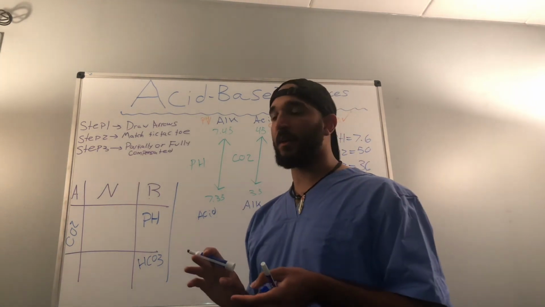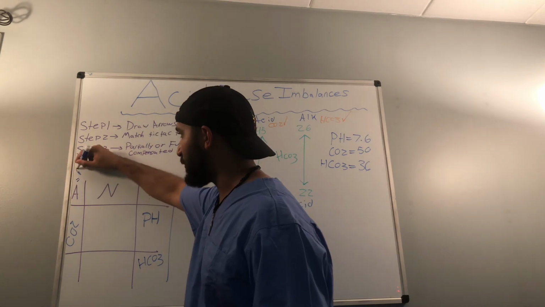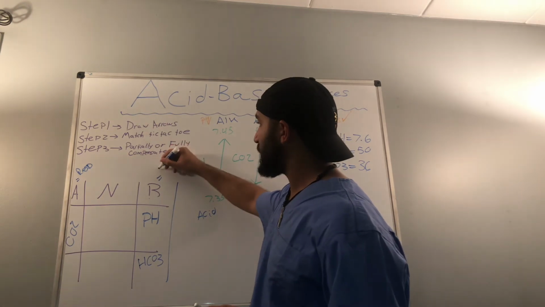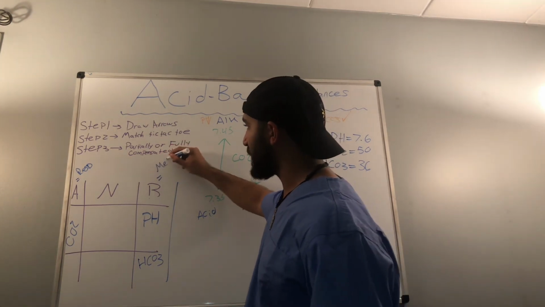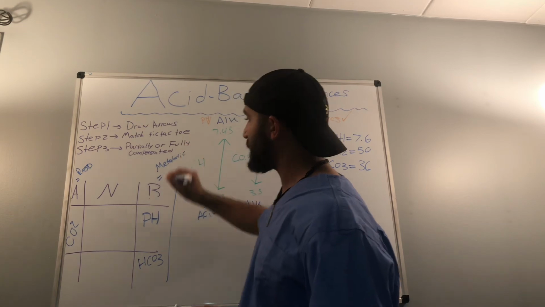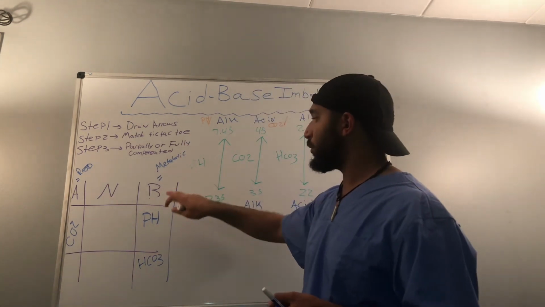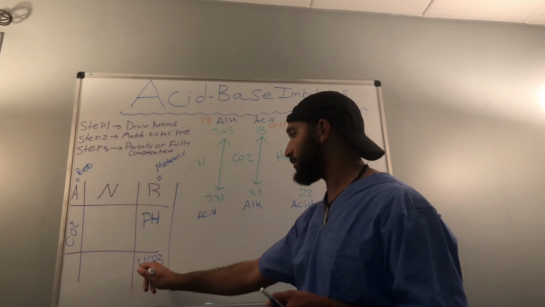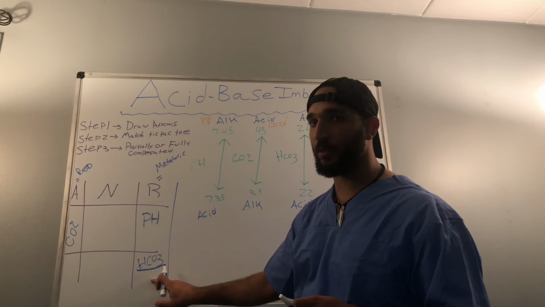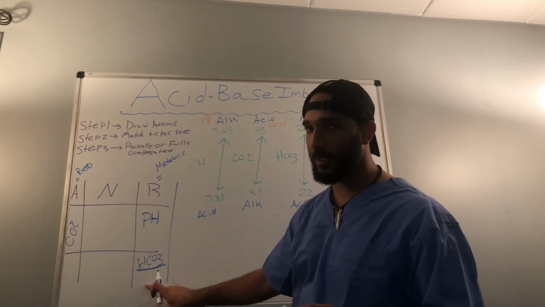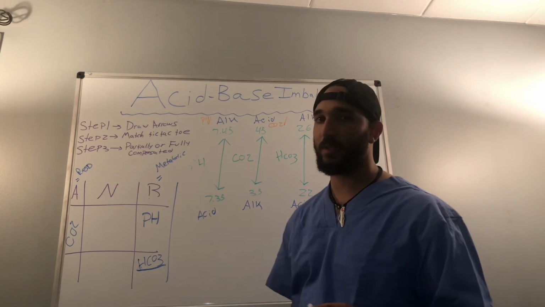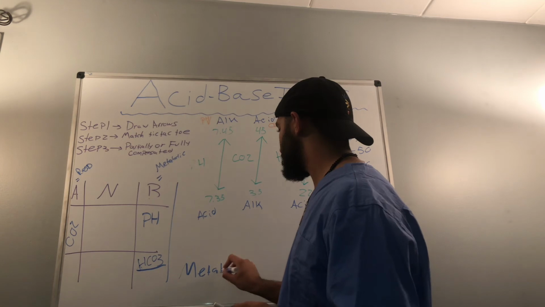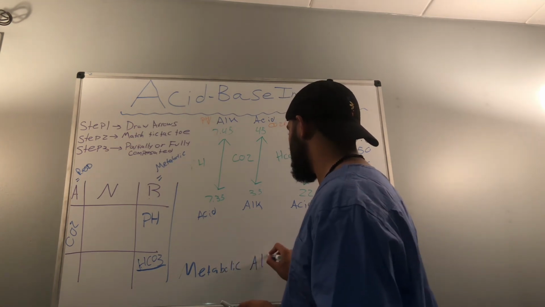What I like to keep in mind is that our A is respiratory. Our B is metabolic. Okay? So we know that our bicarb is down here, right? So that's our bicarb, HCO3, that's alkalotic, and B is metabolic. So now we have metabolic alkalosis.